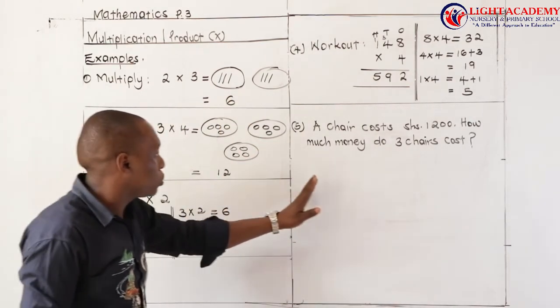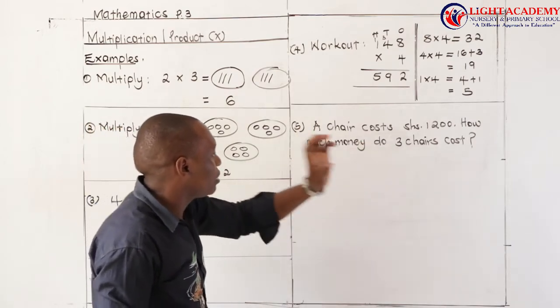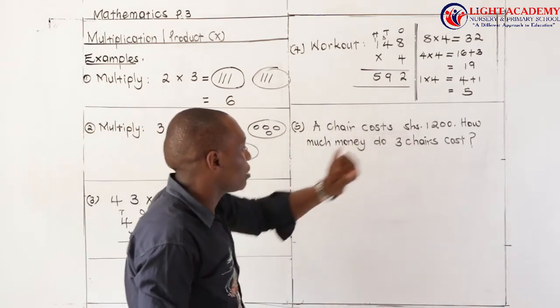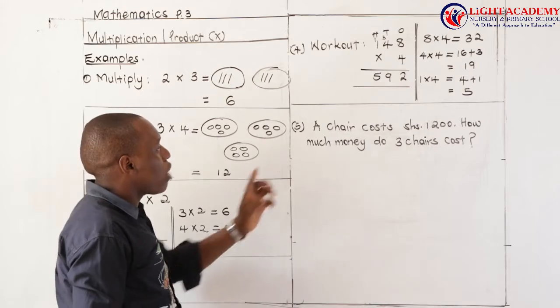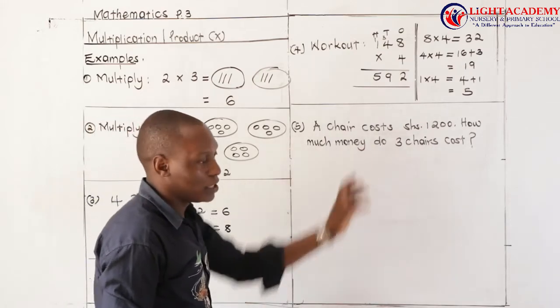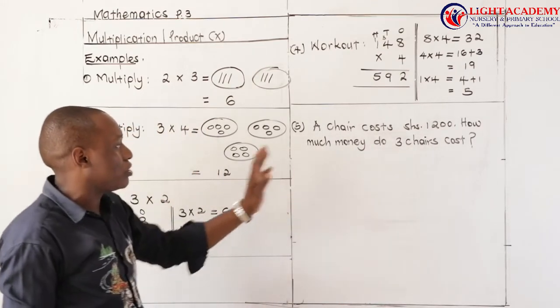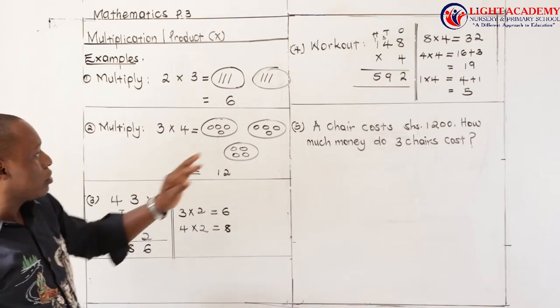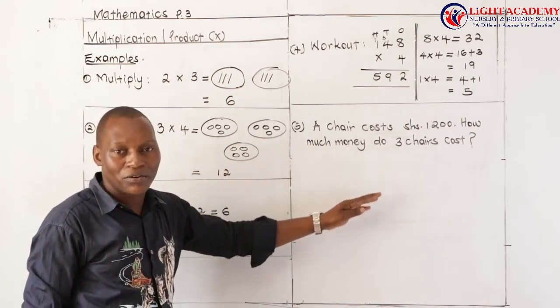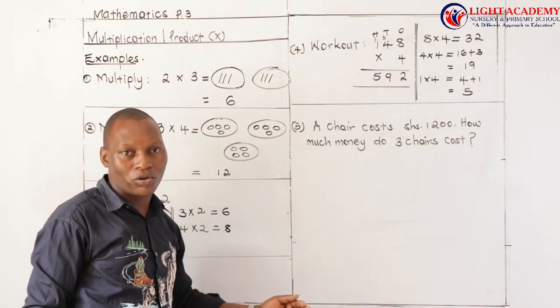So what are we supposed to do? They are saying for just 1 chair, you pay 1,200. Now, how much money do 3 chairs cost? What does this question need us to do? This question we can simply answer it using multiplication, okay?